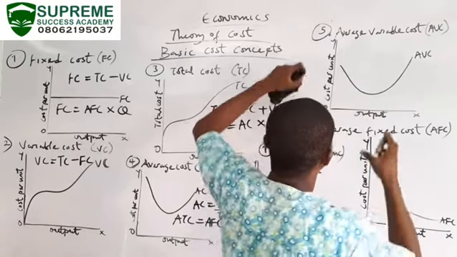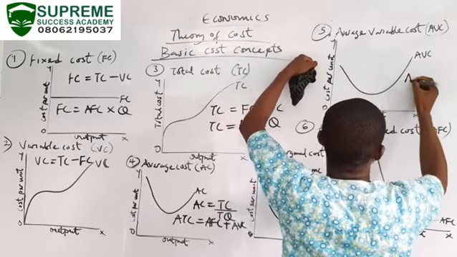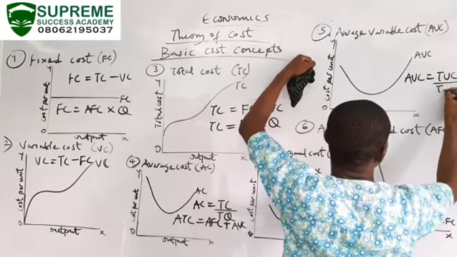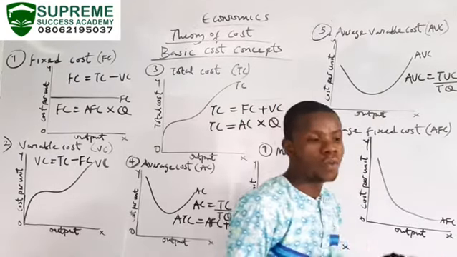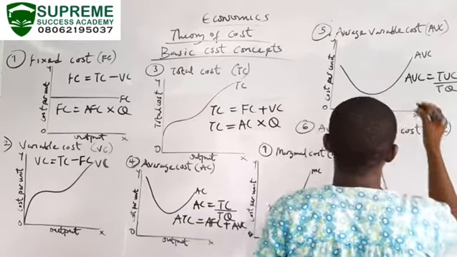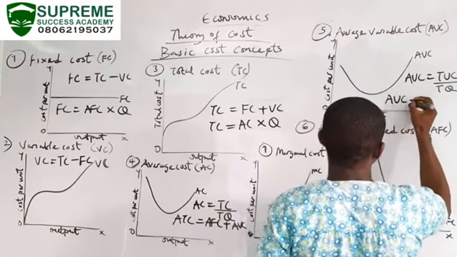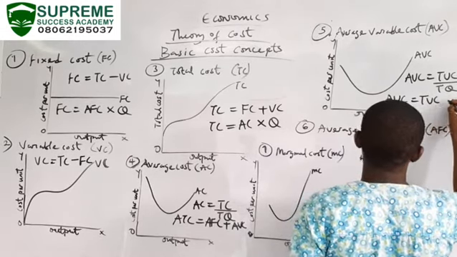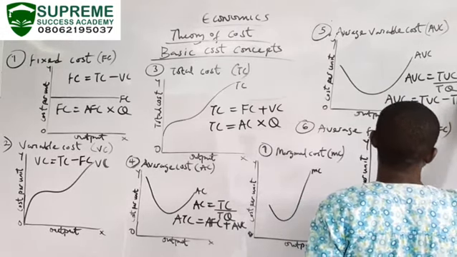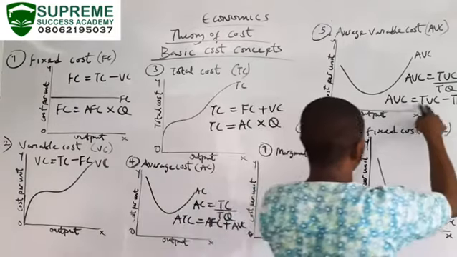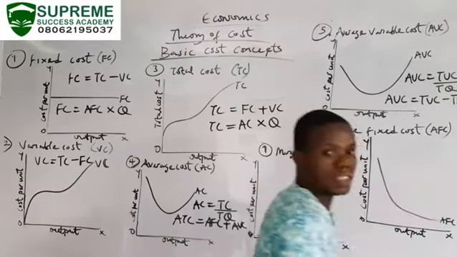In essence, AVC equals total variable cost divided by total quantity. And the second formula is AVC equals total cost minus total fixed cost.